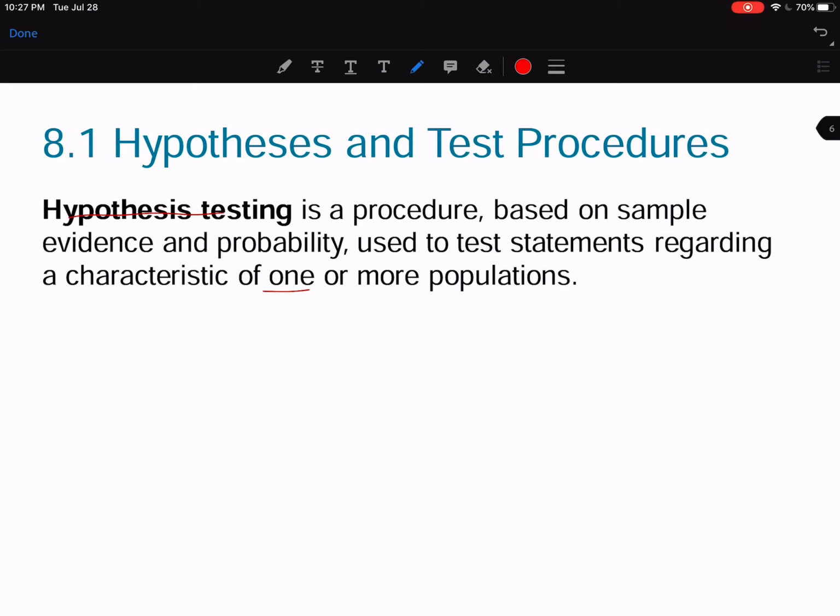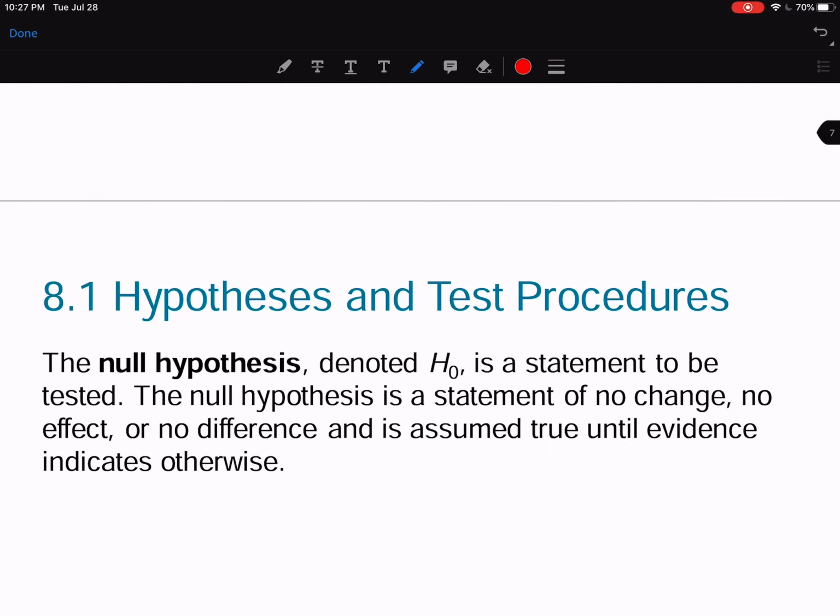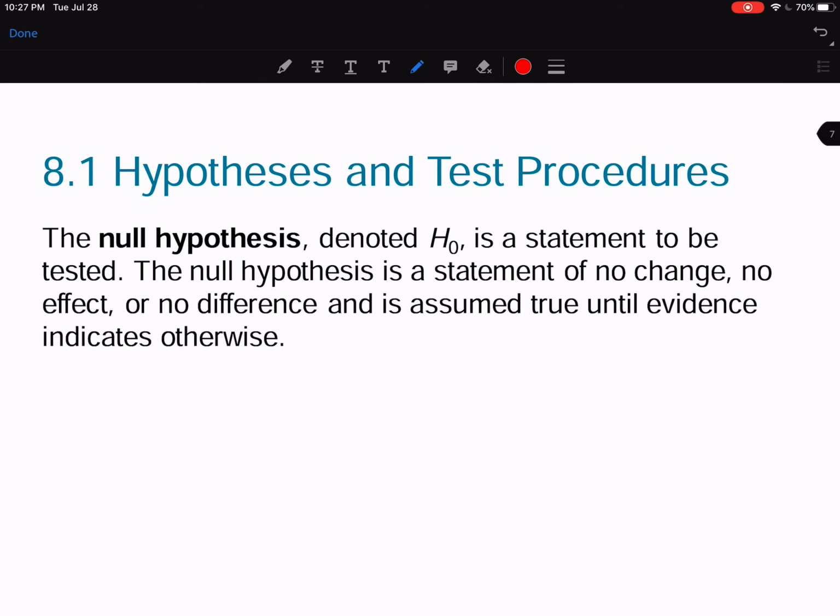The characteristic here represents the parameters. It could be the population mean mu, or the population proportion P, or the population standard deviation sigma.